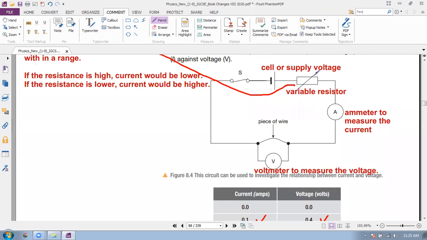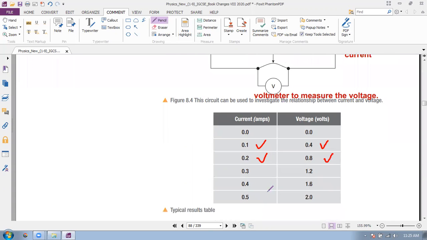We again decrease the resistance of the variable resistor. Again, current increases, it becomes 0.3, and voltage drop becomes 1.2. Then again another data, 0.4 ampere, voltage drop 1.6 volts, 0.5 ampere, 2 volts.